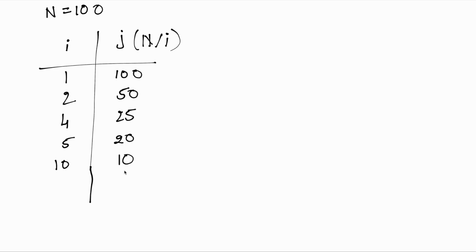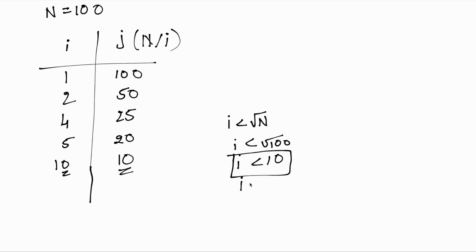Here exactly this 10, what is this i? Is i less than root n? Root of 100 is 10. Is i less than 10? No, right? This i is equal to 10, which means we still have to process till less than or equal to 10. And in the case of root of that number, there are no two factors, there is no pair, but both numbers become the same.